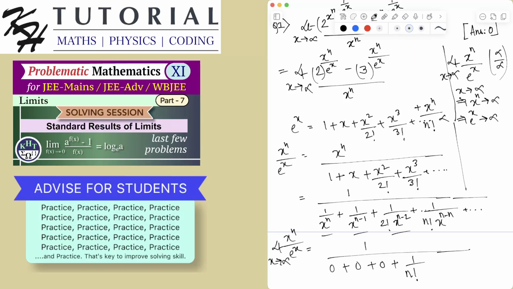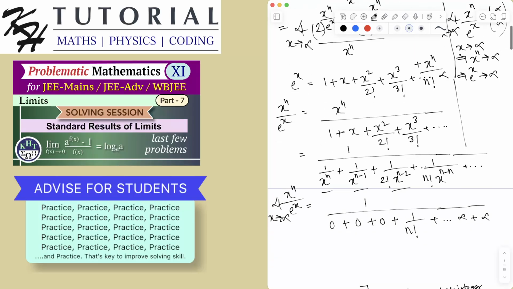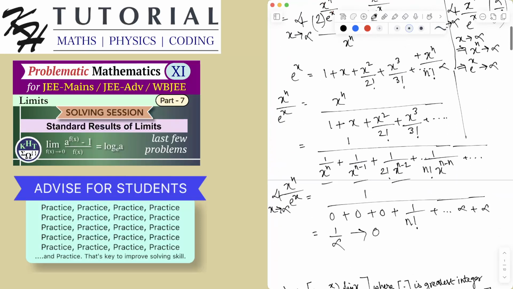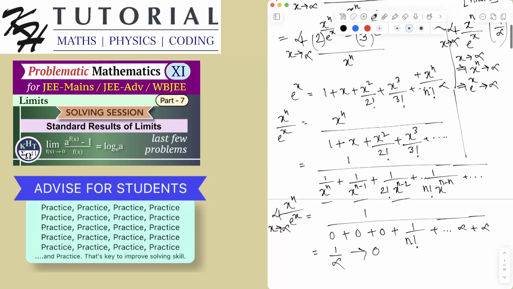So somewhere down the line the denominator will be tending to infinity, so this is actually becoming 1 by infinity, which is tending to 0. So I think limit x tends to infinity, x to the power n divided by e to the power x is tending to 0. Then only it will make sense.